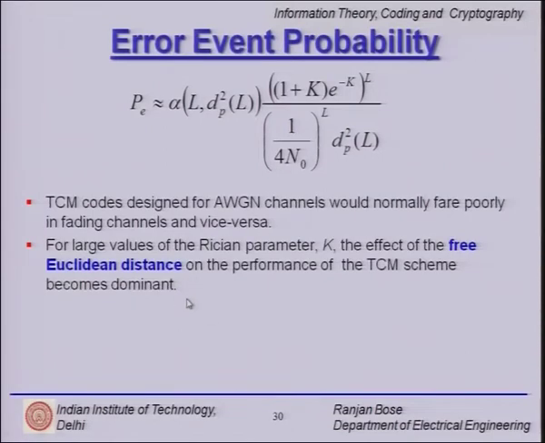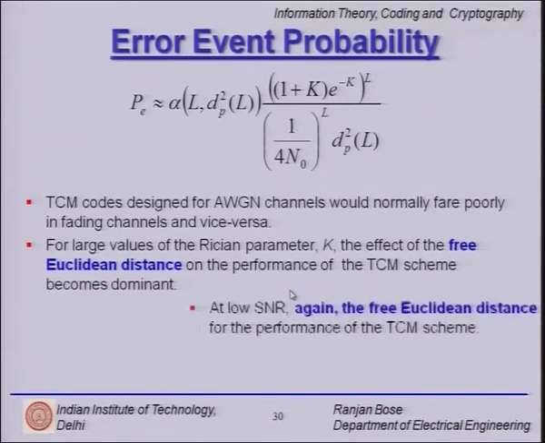That is because if you go to a very large value of k, then it starts resembling the AWGN channel: the diffused components wither away, and there is pretty much a direct line of sight between the transmitter and receiver, and the Gaussian noise plays the dominant role, and therefore free Euclidean distance becomes important. You can also see that when k becomes large, this term kind of vanishes, and we are pretty much left with the Euclidean distance part.